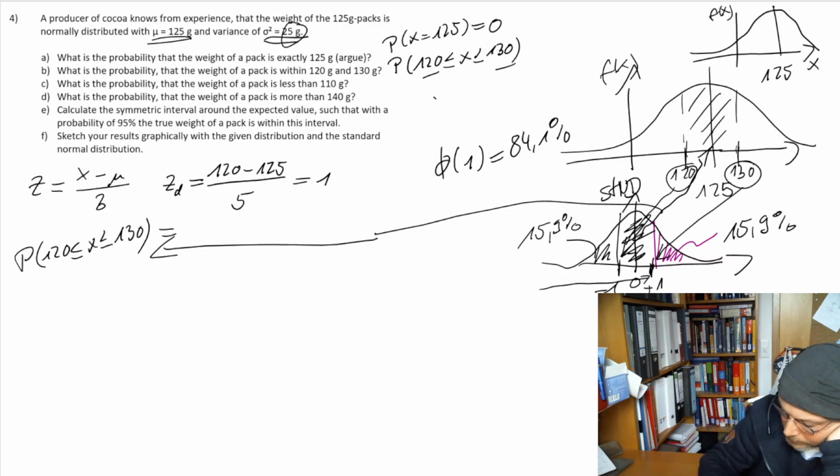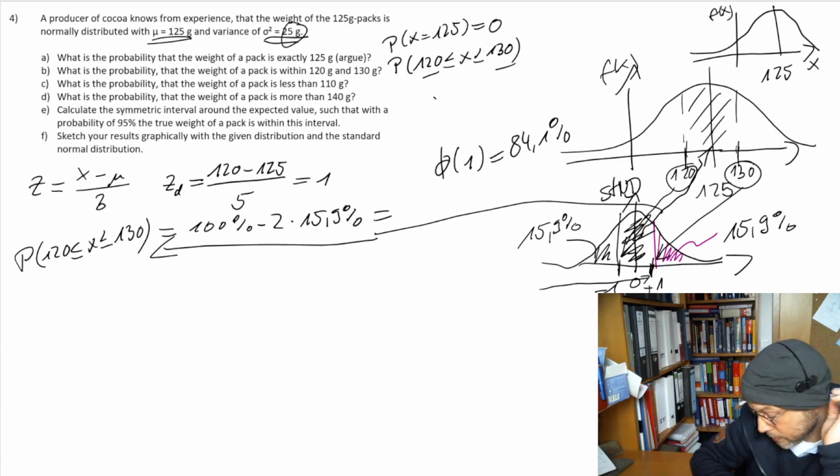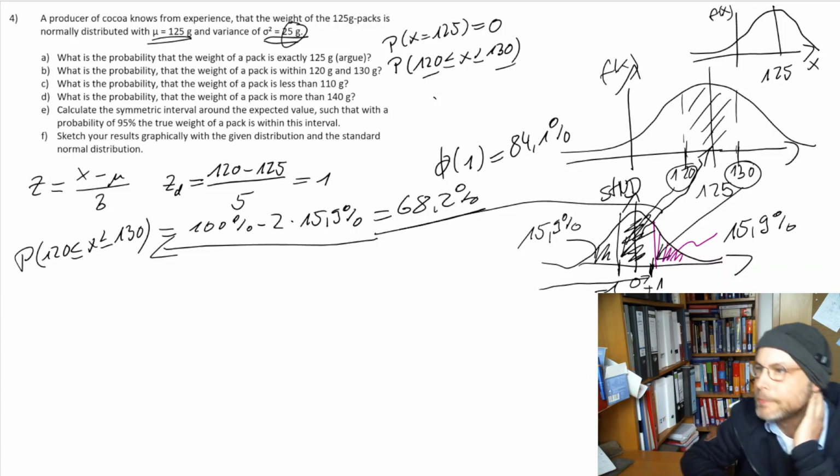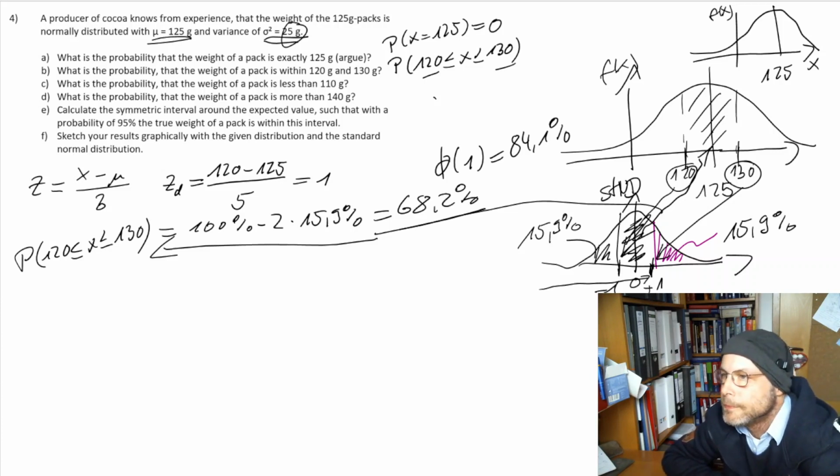It should be 100% minus 2 times 15.9%, and this is 68.2%. Am I right? Great.